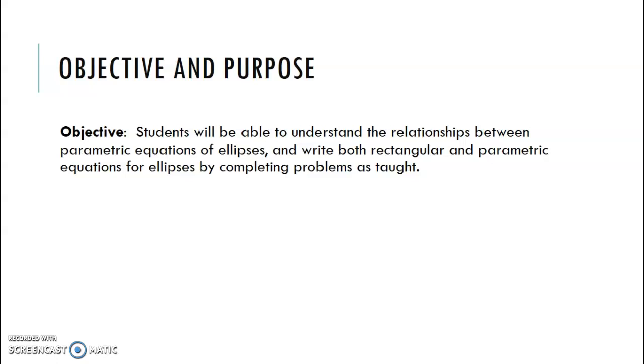So we'll be writing parametric equations from rectangular, and then we'll be writing rectangular from parametric, and then we'll do a graphing problem. So first, let's talk about what are the differences between a circle and an ellipse.